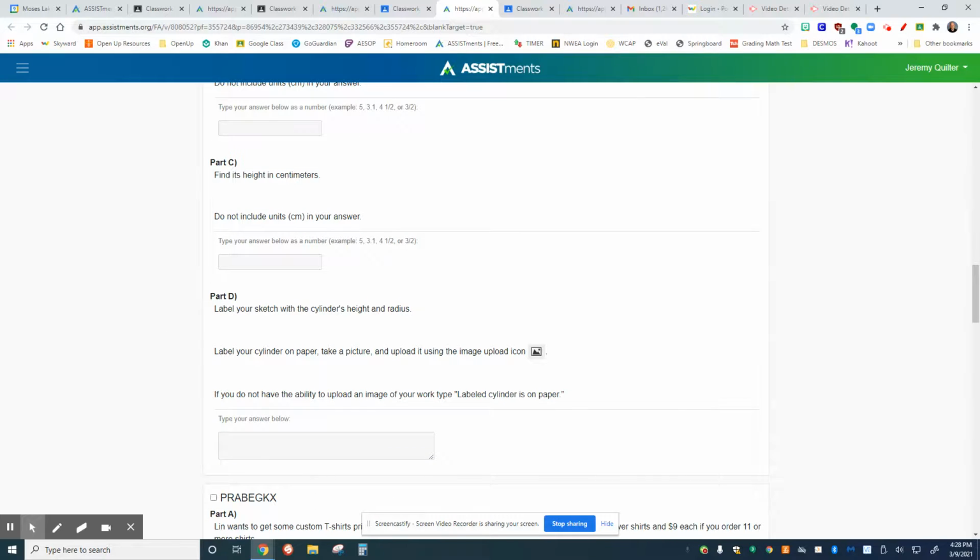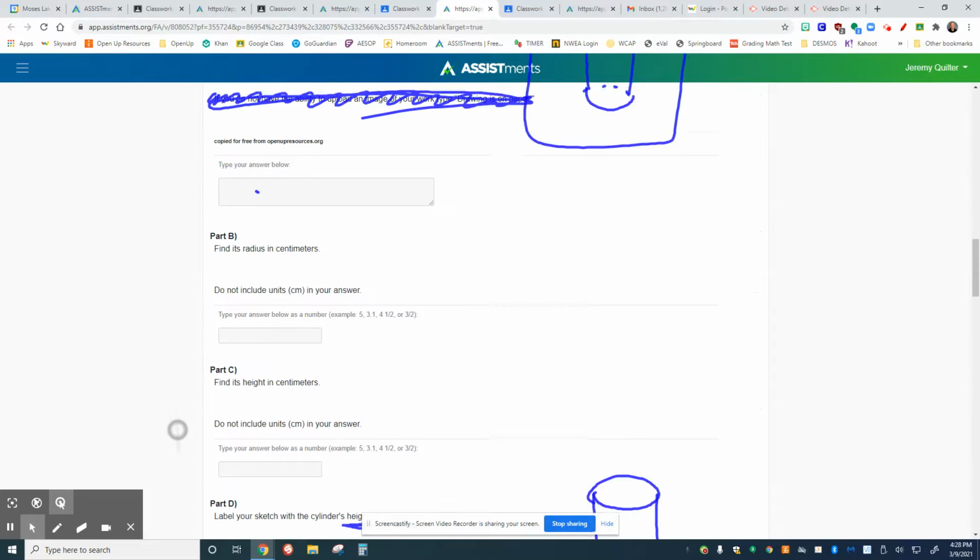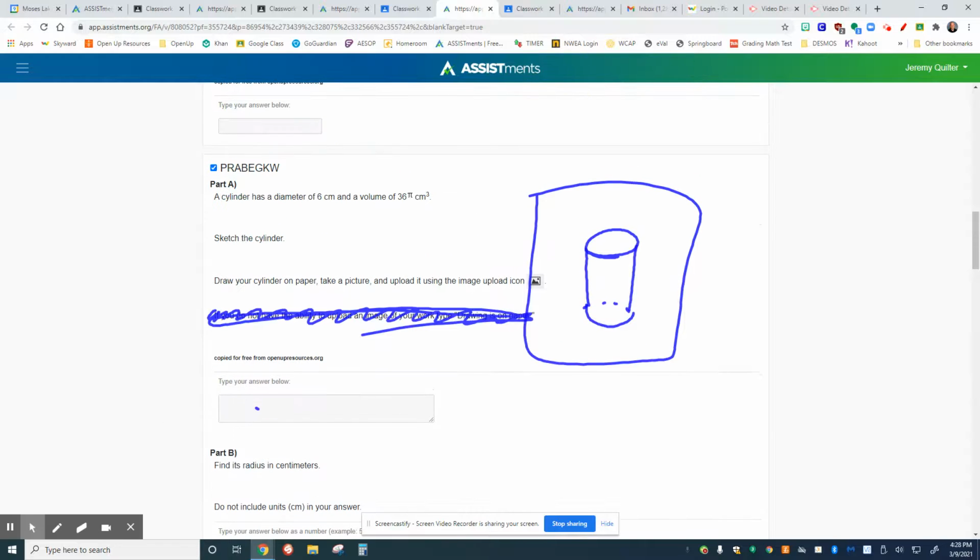And then finally, we're going to label your sketch with the cylinder's height and radius. So you're going to go back and take that same picture that you drew before that had the information that was given, and then you're going to take a different picture and load that picture up that will look different, that has the height and the radius. So just to recap, this first picture has diameter and volume.